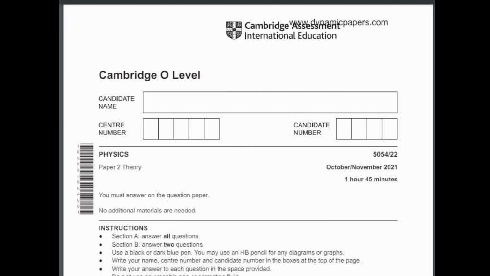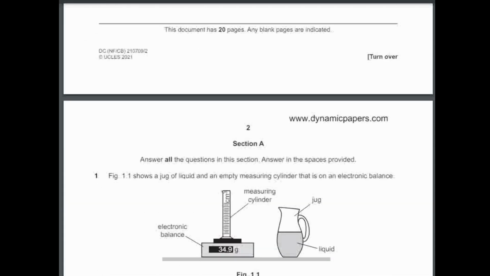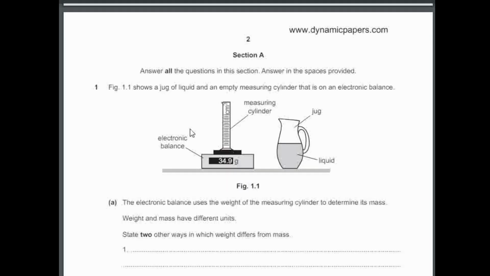Question number 1 is figure 1.1. This figure shows a jug of liquid and an empty measuring cylinder. This is the measuring cylinder and this is the jug containing a liquid that is on an electronic balance.